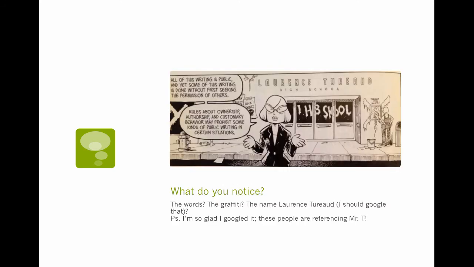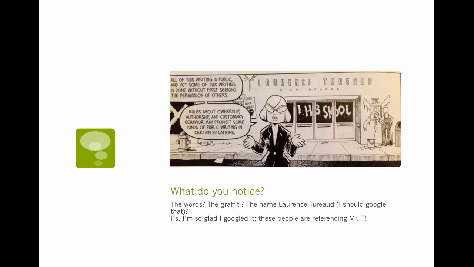So let's go back to that previous image. The words, the graffiti, the name Lawrence Tureaud, which turns out is actually the original name of Mr. T. I hope some of you know who Mr. T is, with the A-Team. Can't believe I did not know that. But this image contains layers of written communication.